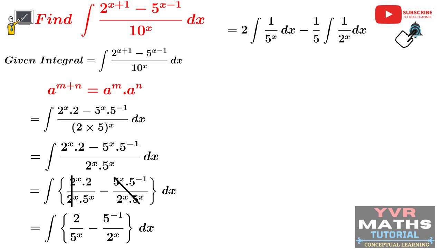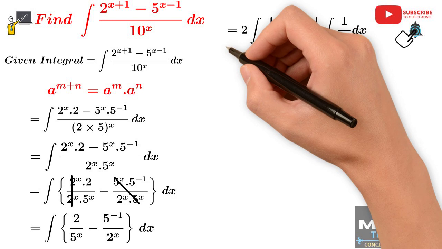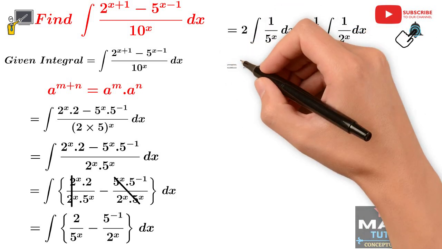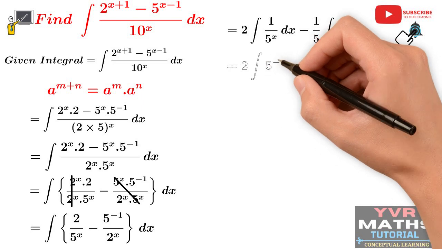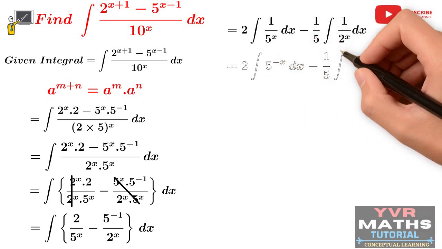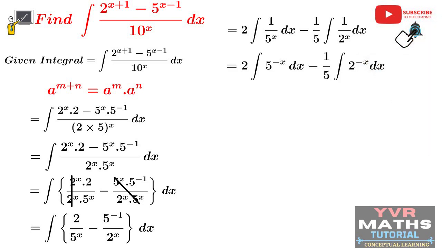So if you observe in this step, in both the integrals, the integrand is in the form of 1 by a^x. So 1 by a^x can be written as a^(−x). So by using this identity, what you can write? See here in the next step. 2 into integral of 5^(−x) dx minus 1 by 5 into integral of 2^(−x) dx.